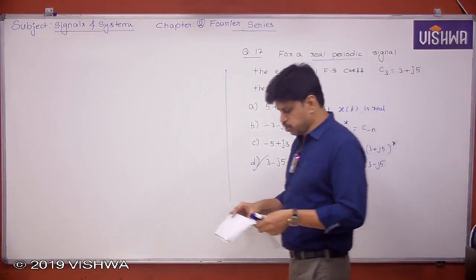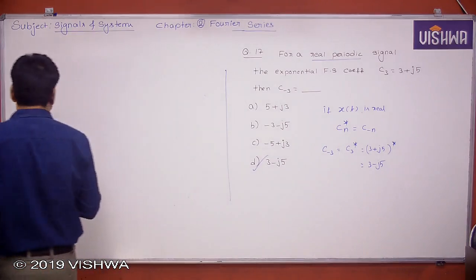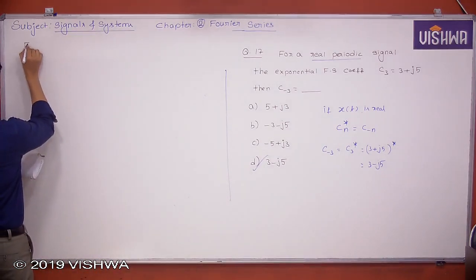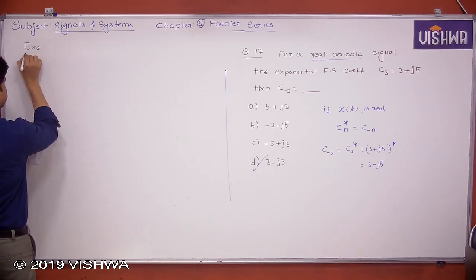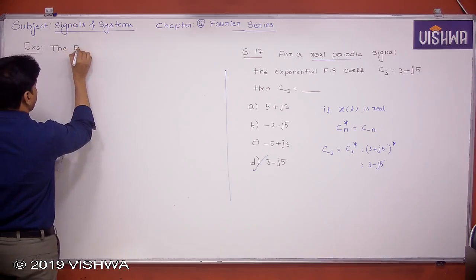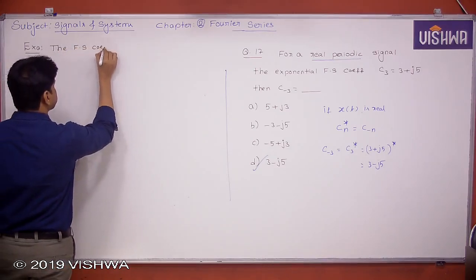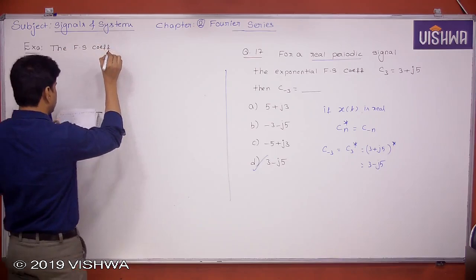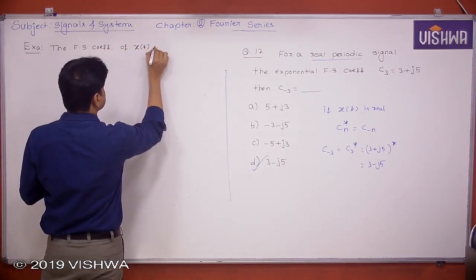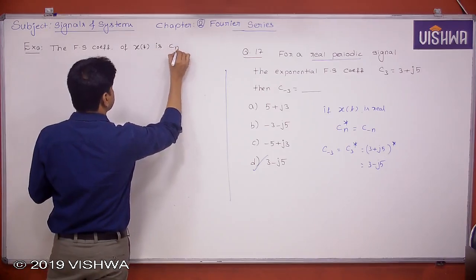Take one example question. The Fourier series coefficients of x of t is Cn.